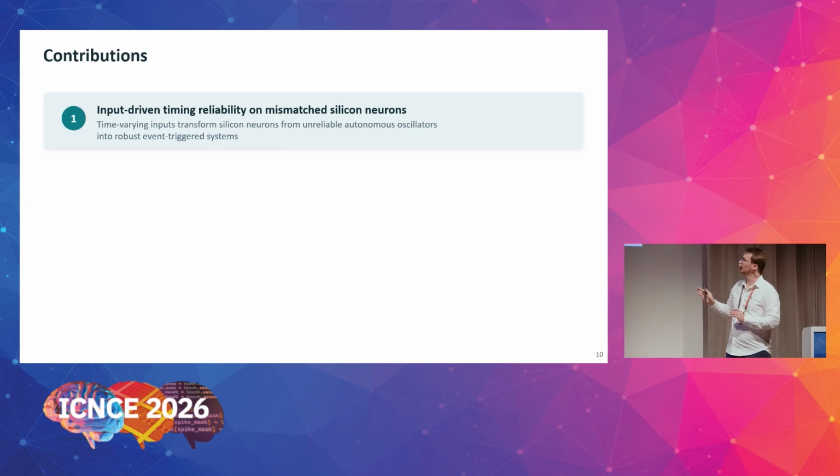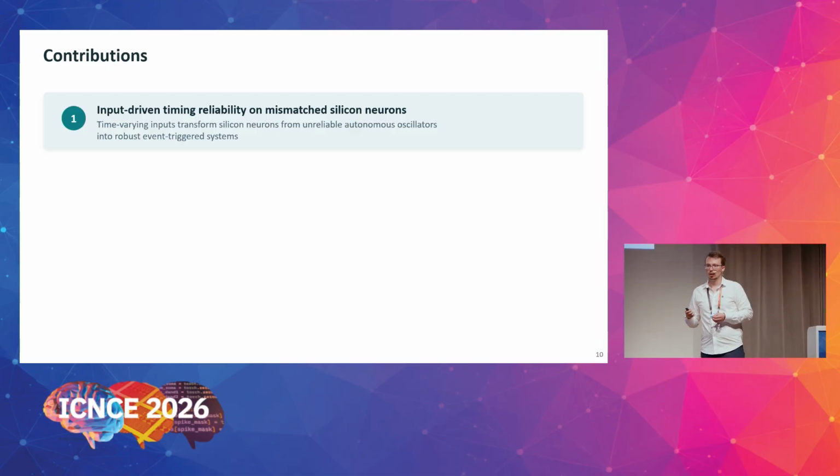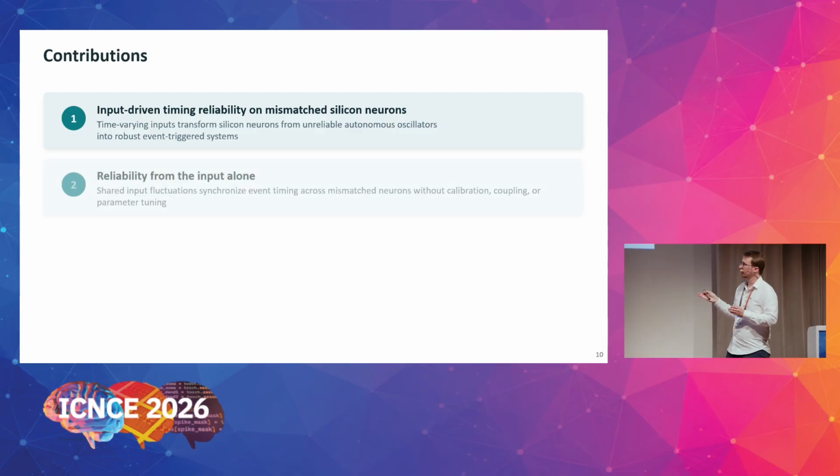So let me recap the contributions from this talk. First, we showed that within a neuron, time-varying inputs can transform unreliable autonomous oscillators into robust event-triggered systems. We showed that not only for one neuron, but also across a population, where shared inputs can synchronize mismatched neurons without any calibration, without any coupling, without parameter tuning.